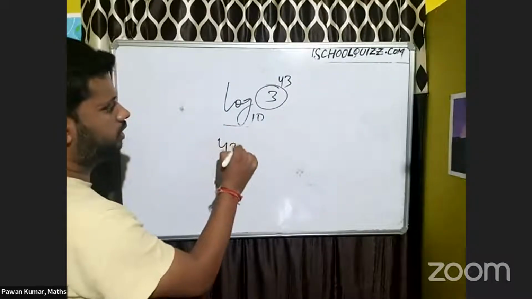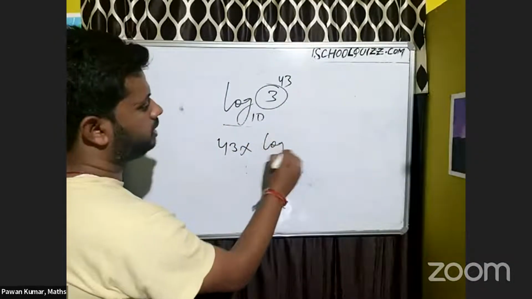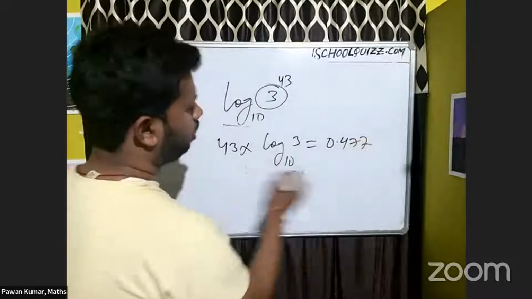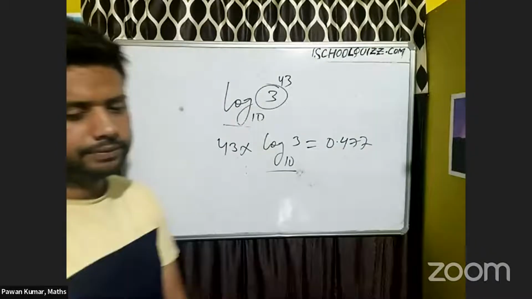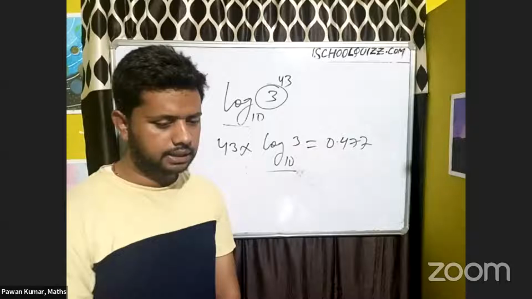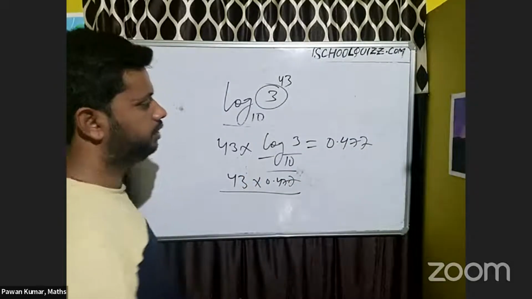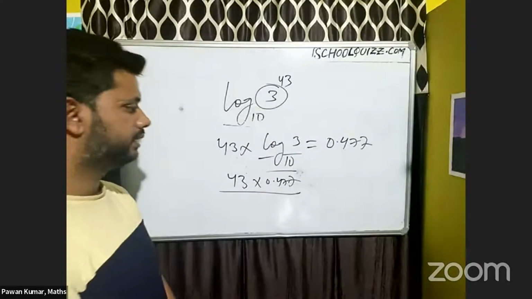Understand? Yes, sir. So that they have mentioned, like 43 is there, this 43 will come here, and log base 10 of 3 they mentioned here. 0.477 जो था वो log base 10 3 का था. Understand? So if you multiply with 43 into 0.477 like that, simply you can get the value like that.